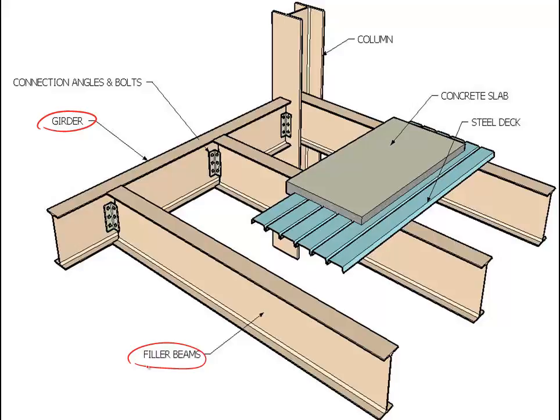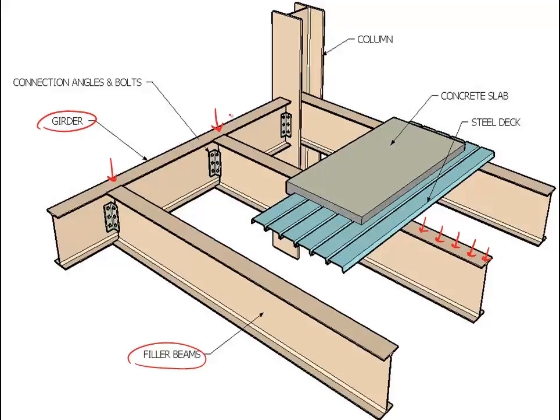So usually on top of the fill beams, we'll see the presence of a steel deck or a concrete slab or both, and these are going to act as loads across the fill beams such that we have really distributed uniform loads across most of the fill beams, and then those fill beams frame into exterior girders as point loads.